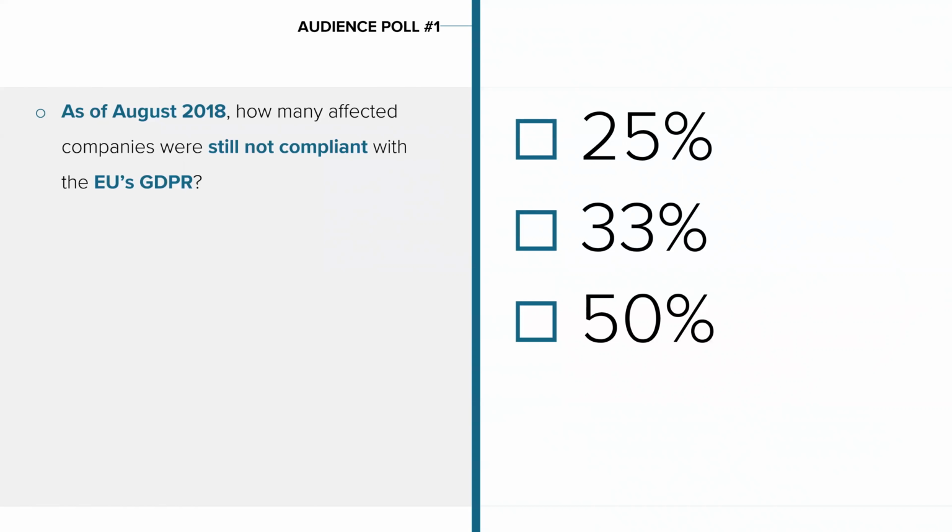And I'll just give it maybe 10, 20 seconds for some participants to weigh in. Okay, we probably gave people just enough time. All right, so let me drag the poll results over. I think I can do that.